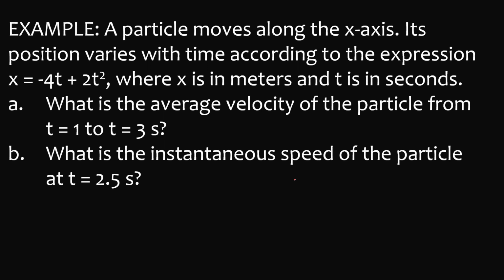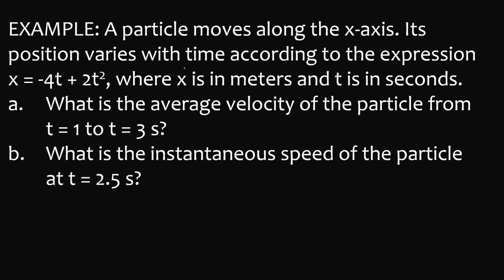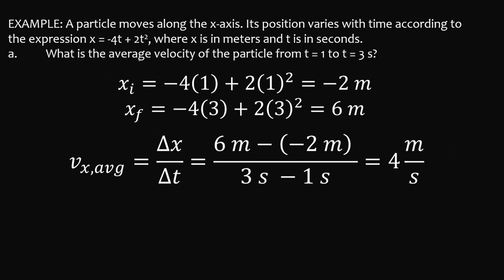Notice that the position of our particle is a function of time, which means we know exactly where the particle is for any amount of time. You just substitute a value for the time that you want, and you will get the position. So let's solve for average velocity.